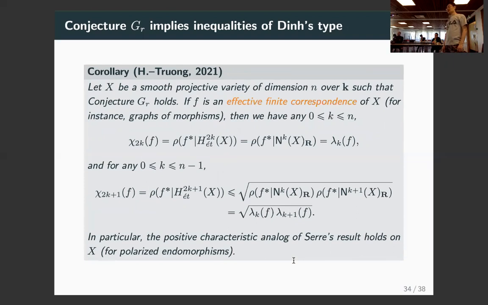And moreover, we also have the other estimate for the cohomology dynamic degree of odd indices, chi 2k+1. It is also bounded by the square root of lambda k times lambda k+1. And in particular, the positive characteristic analog of Serre's result also holds if we assume conjecture GR.